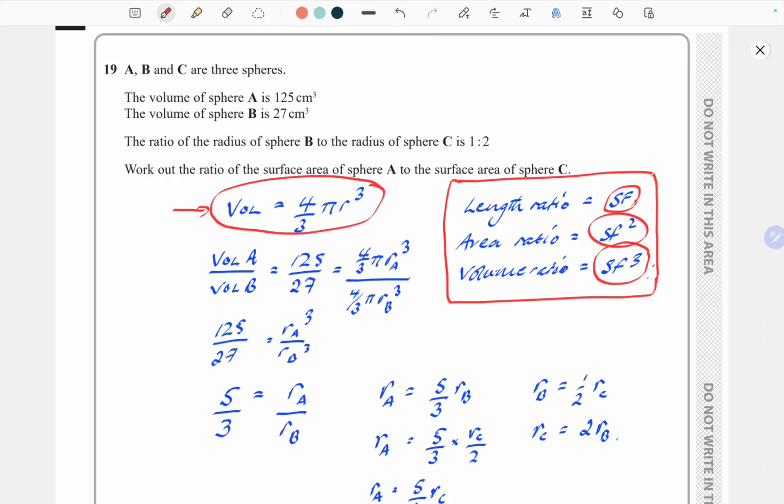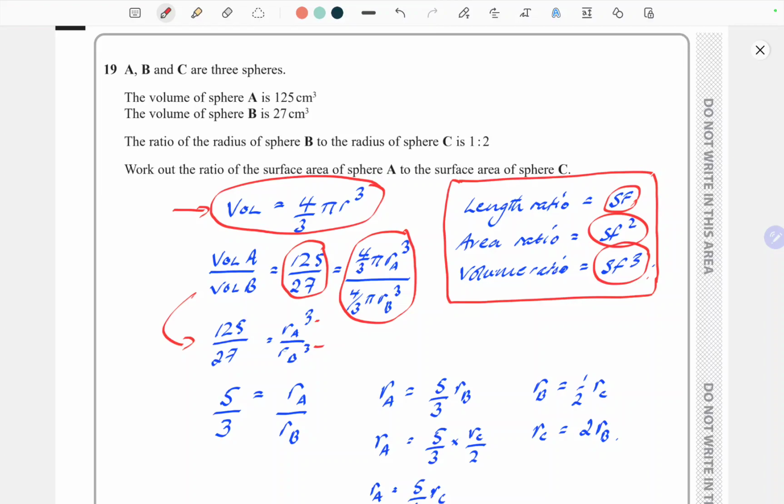All right, so what we have now is the volume of A to the volume of B has a ratio of 125 to 27, which I'm just putting in the actual volume formulas here, just to show you where that came from. So 125 over 27 is the radius of A cubed divided by the radius of B cubed.